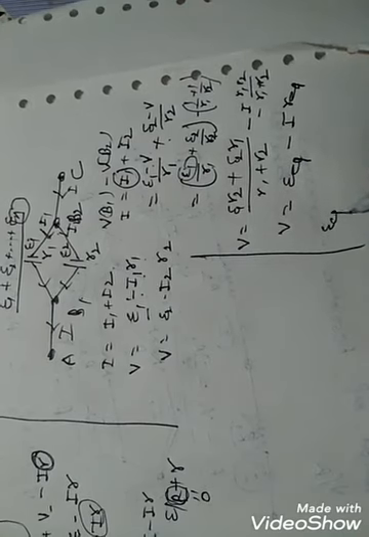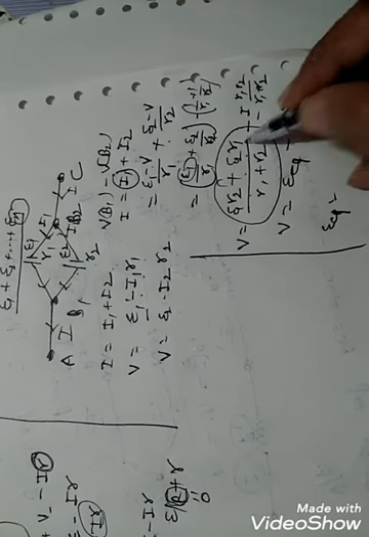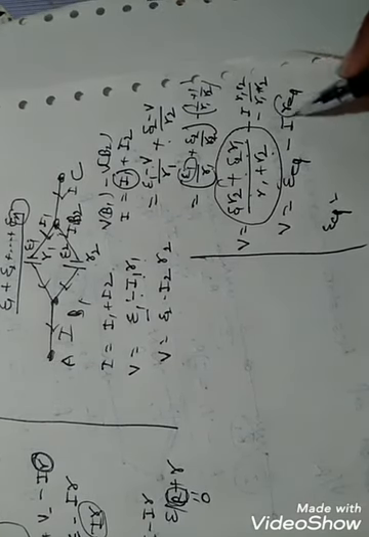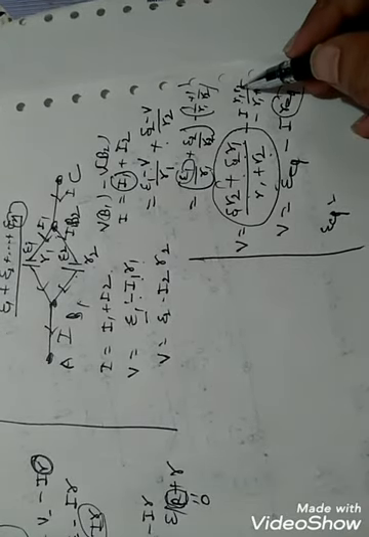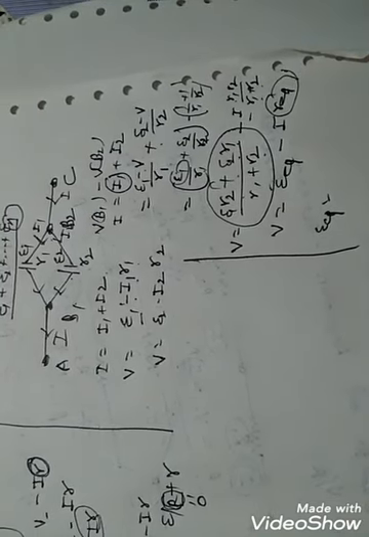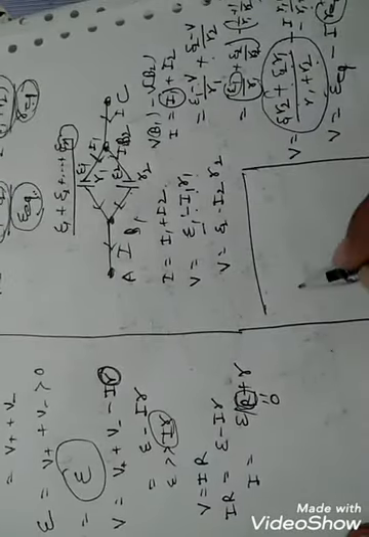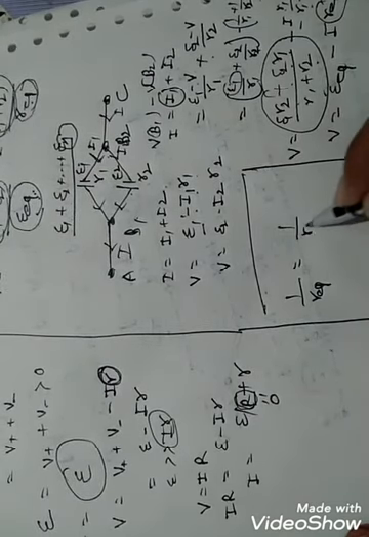Now E equivalent is equal to E1 R2 plus E2 R1 upon R1 plus R2. Same for R equivalent, which is equal to R1 R2 upon R1 plus R2. So we can put this in a simpler way: 1 upon R equivalent is equal to 1 upon R1 plus 1 upon R2.